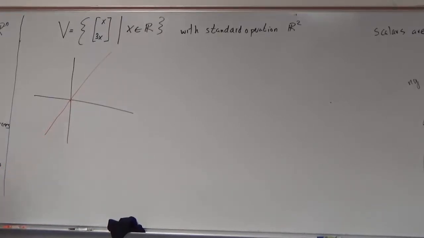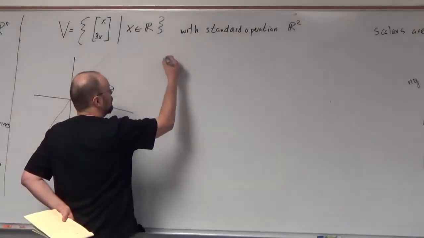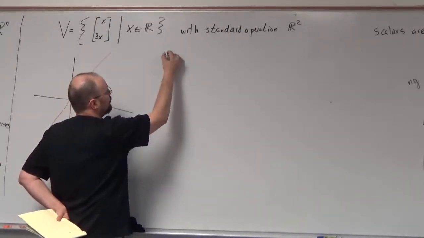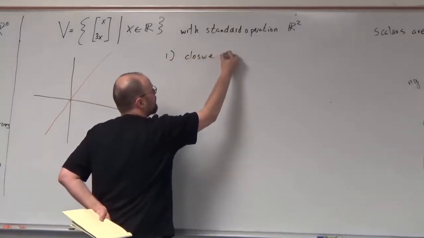So we add vectors like we're used to adding Euclidean vectors, and we scale like we're used to scaling. So first of all, is this set closed under addition? So how would I show that? So this is closure under addition.